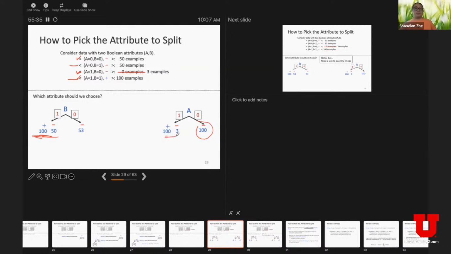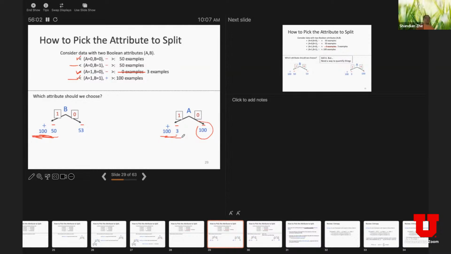Okay, 103 examples, 100 positive, only 3 negative. Only a small portion are negative. But here, look, it's 2/3 positive, 1/3 negative. It's highly mixed. So I'm still going to prefer using attribute A, right?